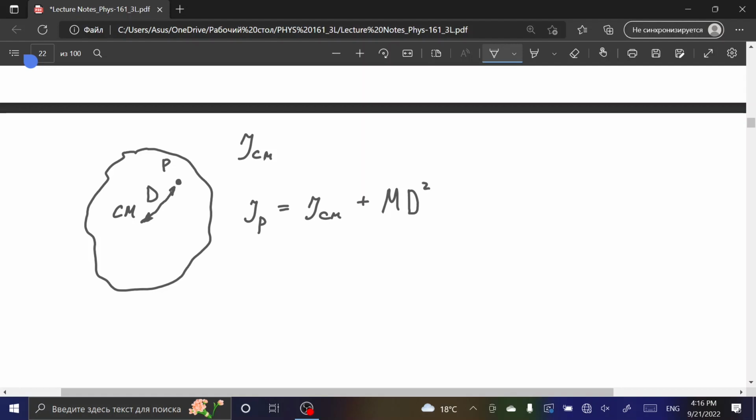So it works only if we move this axis to another point, but don't change its orientation and keep it parallel to the initial one, which goes through the center of mass, with respect to which we already know the moment of inertia.